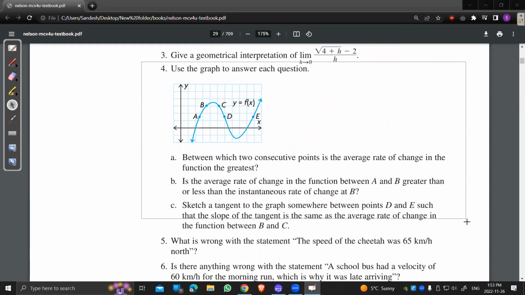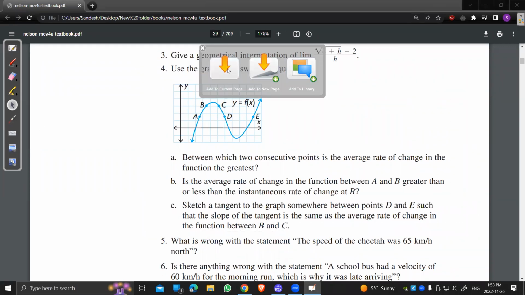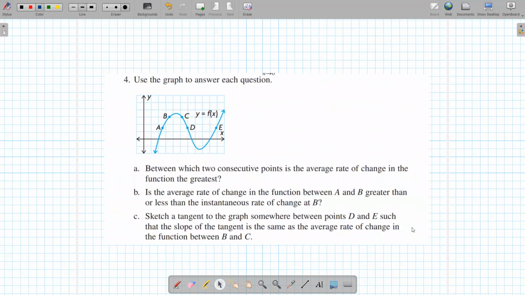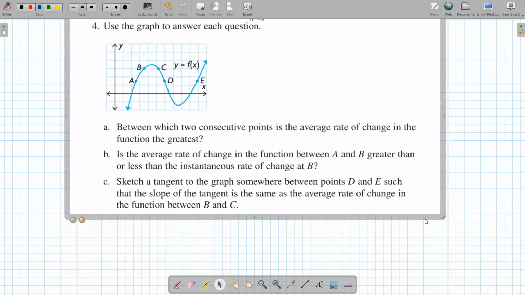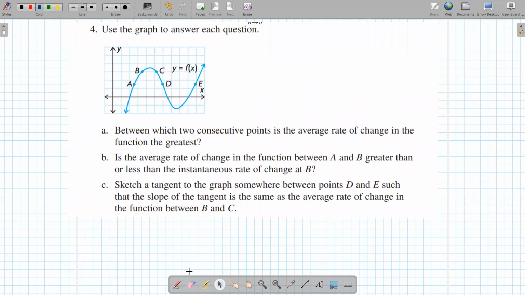This one is better though, because they give you a graph to begin with. Again, remember this. The steeper the slope, the greater the slope number. The steeper it is, the more vertical it is, the higher the slope. If it's flat like this, the slope is 0. If it's vertical, the slope is infinity.